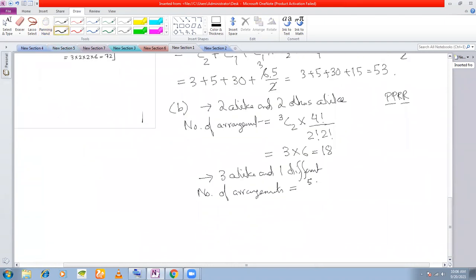So 5C1 into, how many ways can you arrange 3 alike and say any one different? So you have 4 letters in total. So factorial 4, and how many alike? 3. So factorial 3. So this will give you 5 into 4 is equal to 20. 20 arrangements in this case.